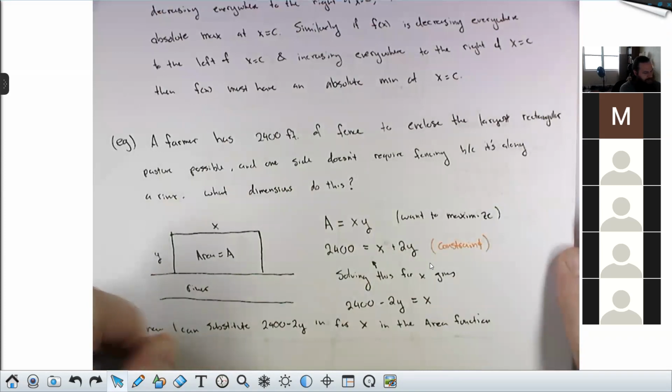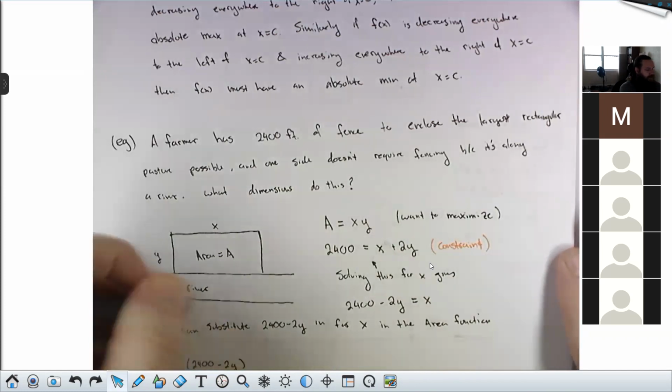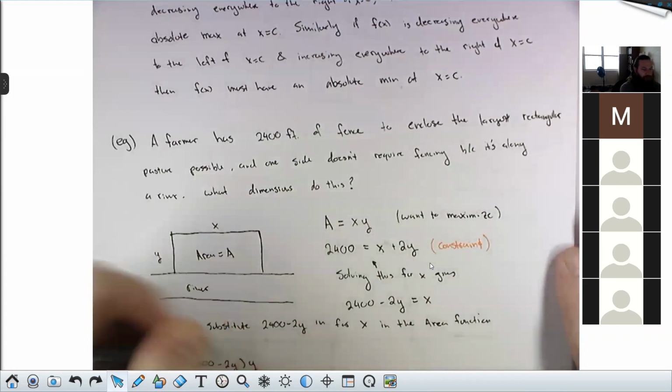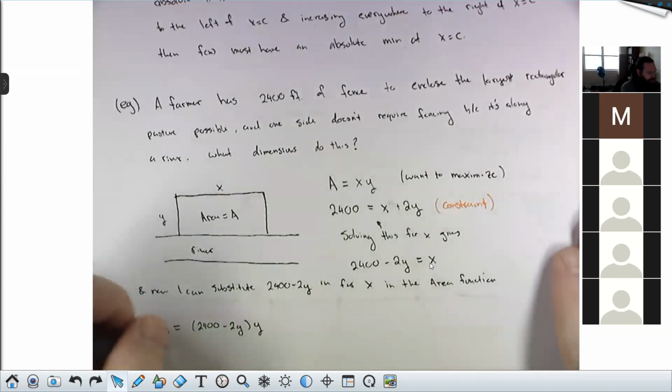That gives me A equals, instead of x now, I'm going to write 2,400 minus 2y times y. And this is now a function of a single variable, so I can take its derivative, find mins and maxes, all the normal games.